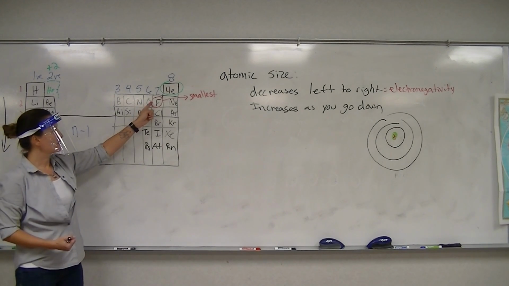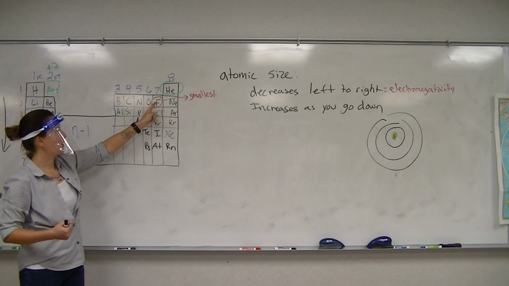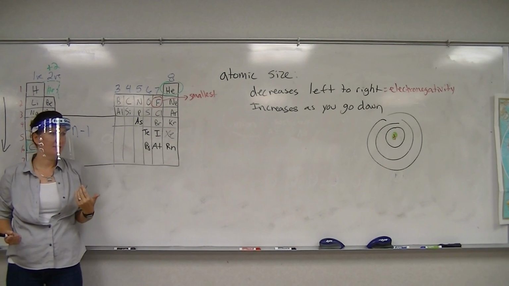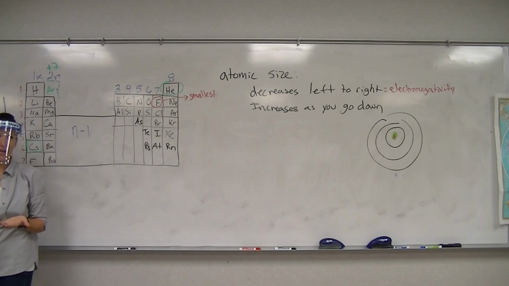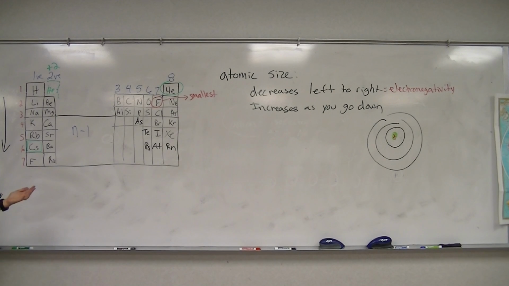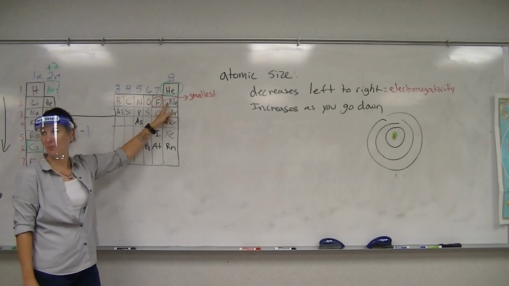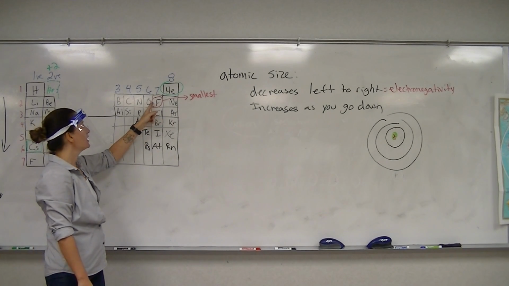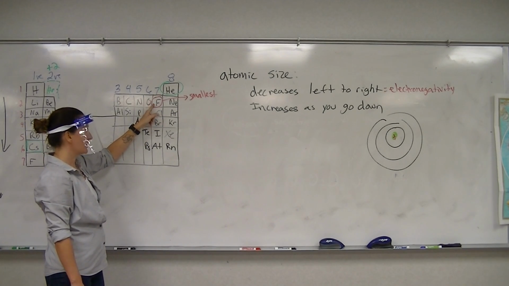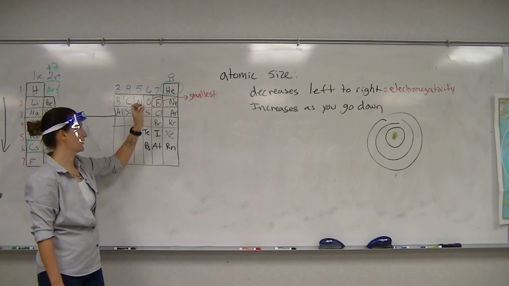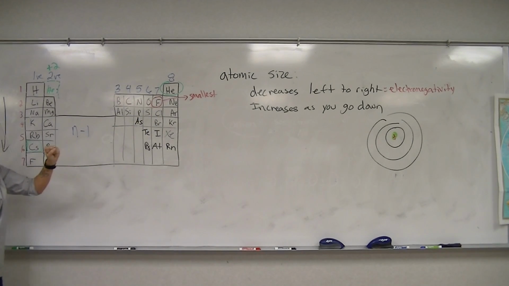And so the reason fluorine wins the prize instead of neon is because neon doesn't want an electron. Neon's happy. It's a noble gas. They don't want anything. They already have 8. Fluorine only needs 1, and then it'll be happy, right? So fluorine is the most electronegative atom on the table as well, because it really wants that electron. It wants to complete its shell.